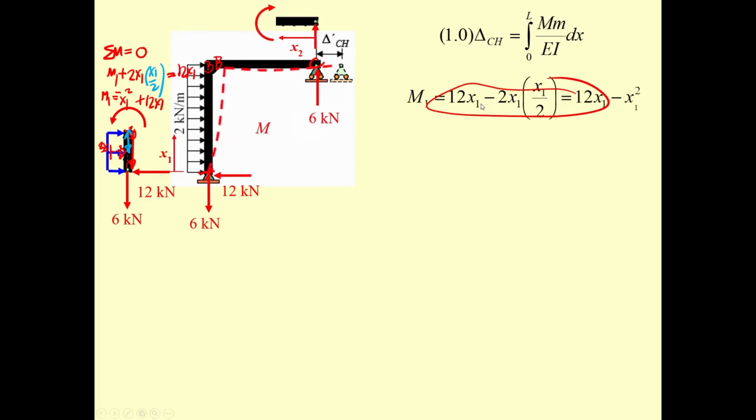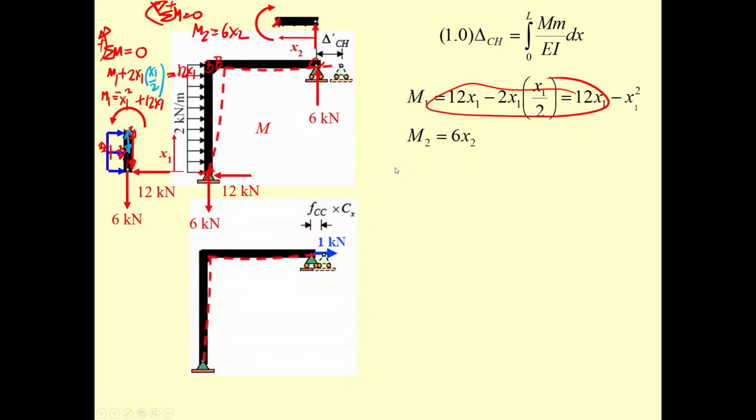Okay. And then for x2, do the same thing. Summation of moment equal to 0. This direction is positive. You have this capital M2 and then you have this 6 times x2 to get the result.